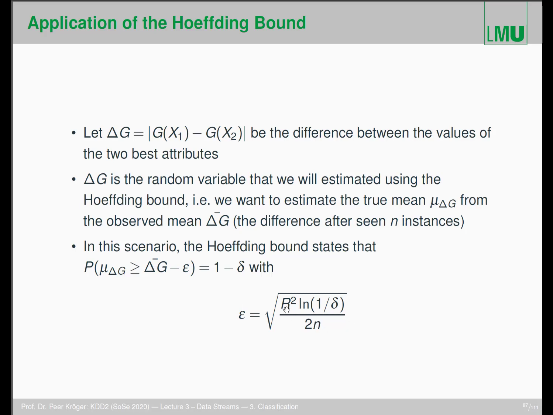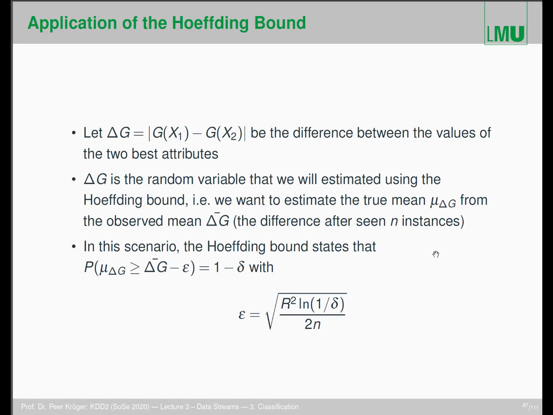So we know the range, and for a given delta, the only thing that matters is this 2n here, and n is the number of objects we have to see in order to get this epsilon. So n is actually the thing we want to know: how many observations should we look at in order to have a good estimation, so that delta G prime is a good estimation of the true mean of delta G?